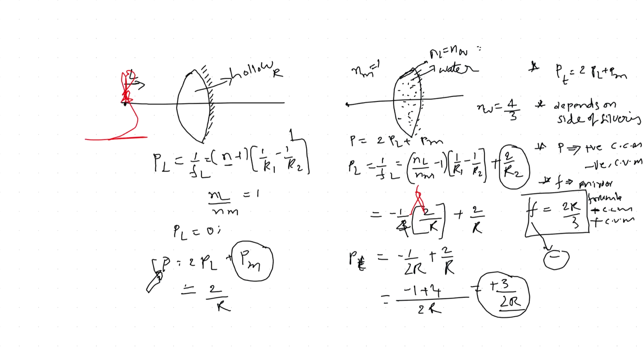Positive for convex mirror, negative for concave mirror. And then substitute the U value and V value and find out the remaining.